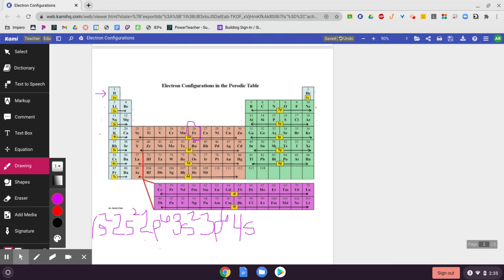so 4s2. And now something strange happens, because we would think maybe that this would be 4d because we are now in the d block. But if you look right here, it says that this is 3d. Now, why is that? How come, even though we're on period 4, this is known as 3d? Well, the reason is d orbitals are higher energy than s orbitals.